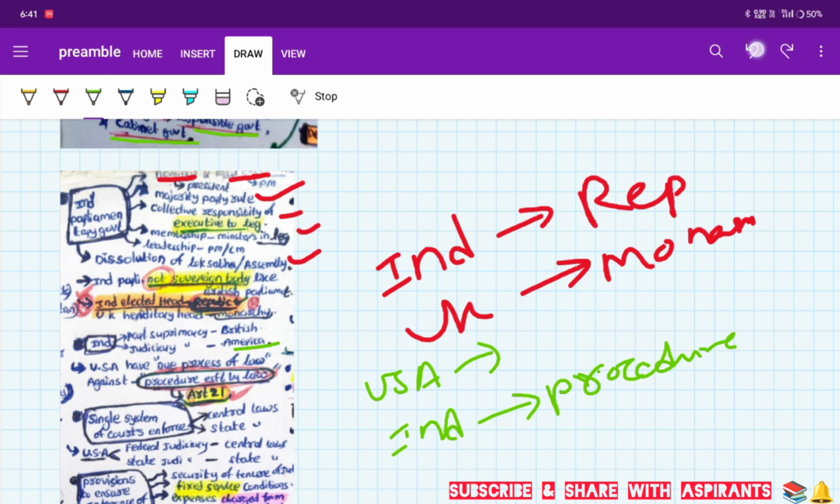In India, a single system of courts enforces central and state laws, a single system of judiciary. But in the USA, federal courts enforce central laws, and state judiciary enforces state laws.